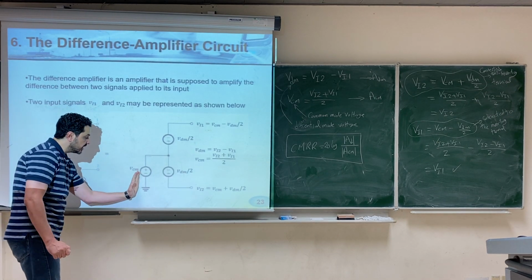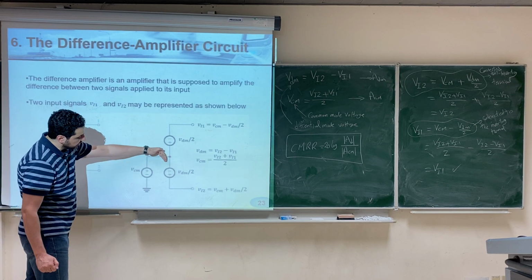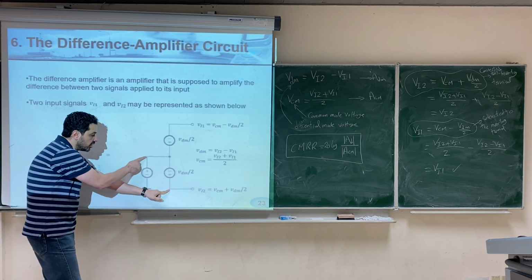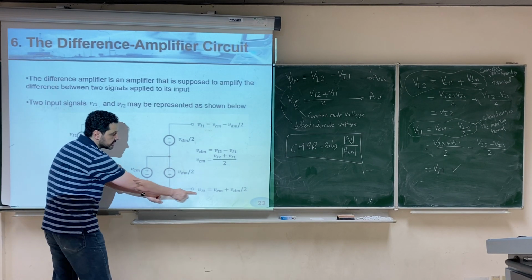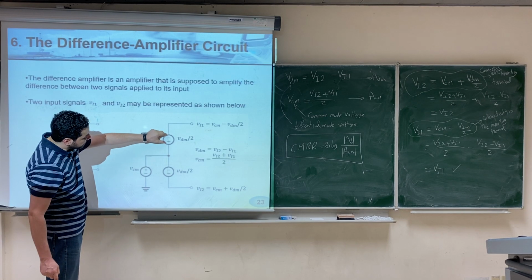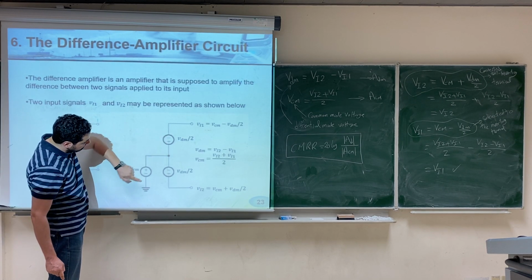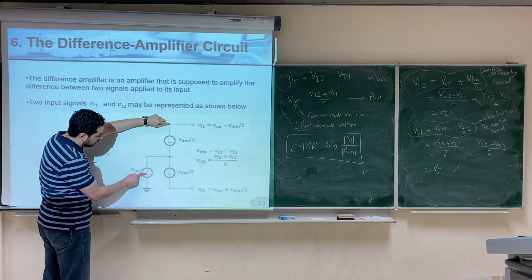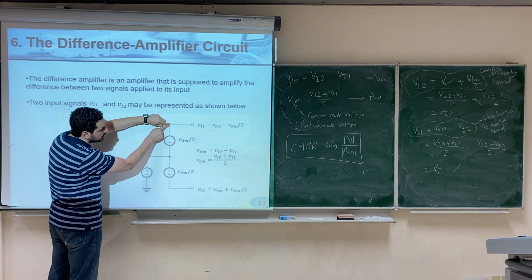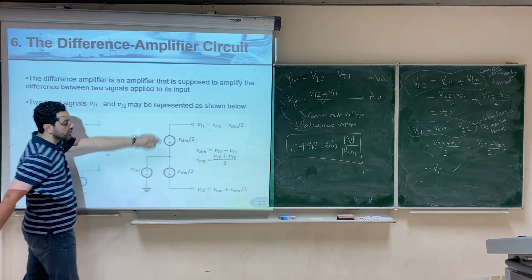So now this is the direction of V common mode, and this is the direction of V differential mode over 2. The voltage here will be V common mode plus V differential mode over 2, which is V input 2. And here we put V differential mode over 2 reversed. So the voltage at this point will be V common mode minus V differential mode over 2, which will give you V input 1.